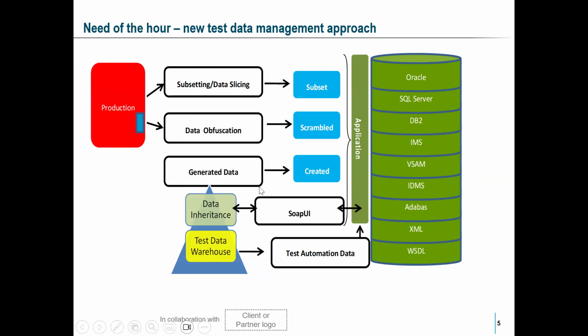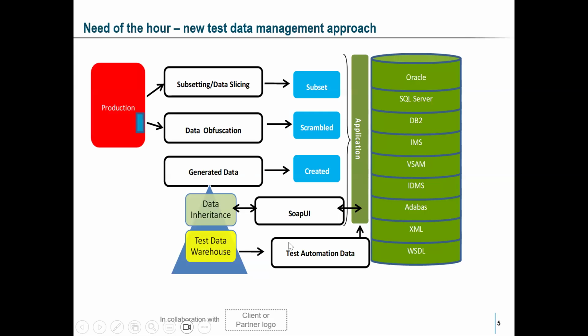You also need to generate new data. For new requirements, you may not have production data, so in some cases you need to generate the data and create it. All of this is stored in the databases for application testing.